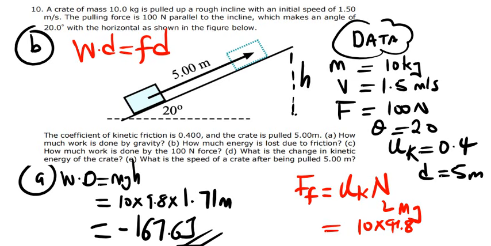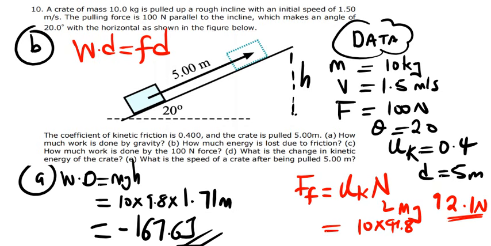So let me just find it in advance. 10 multiplied by 9.8 multiplied by, not sine, cos 20. So the normal force, I'm finding not 98, I'm finding 92.1 Newton.